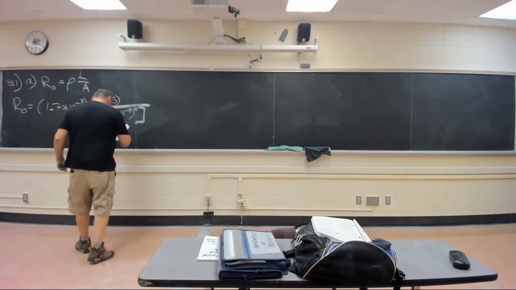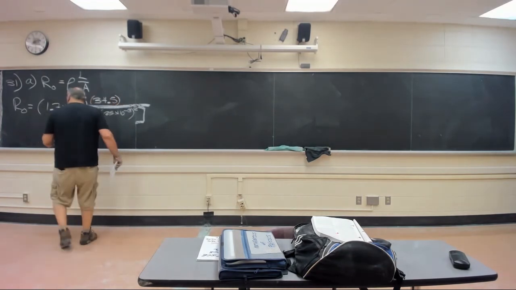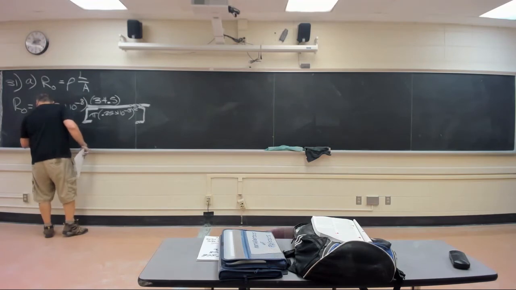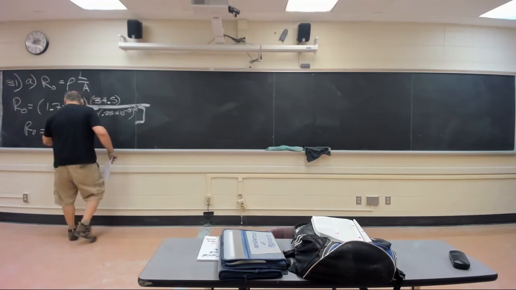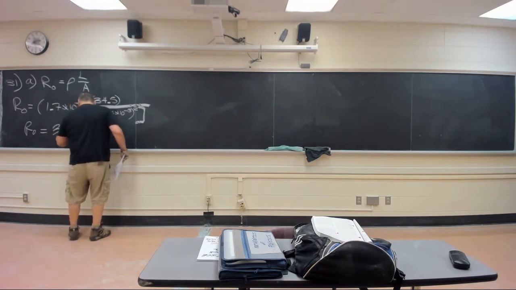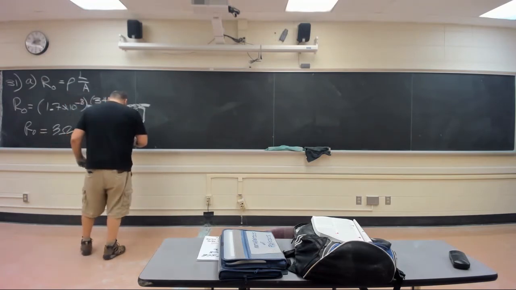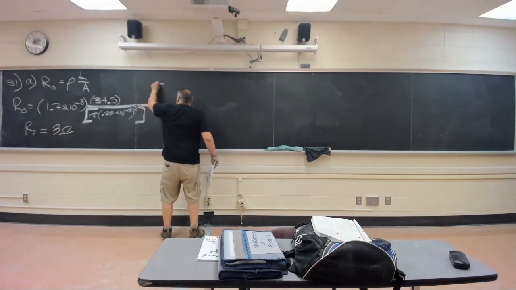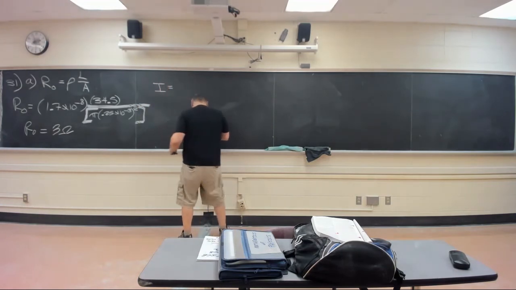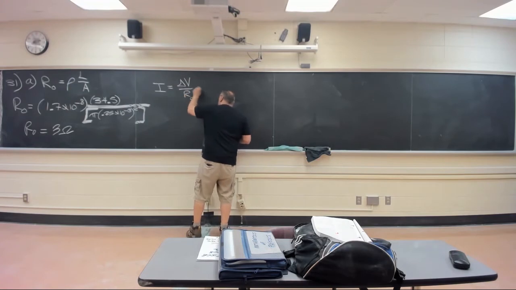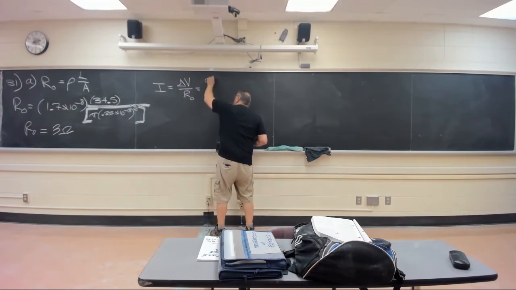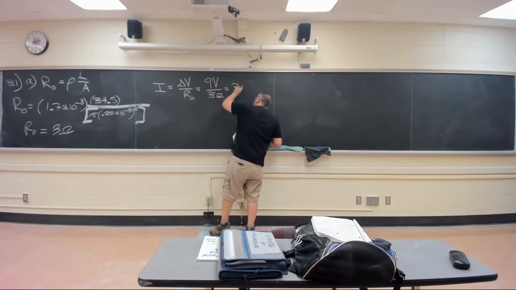You're going to see when you look at my numbers here, I get 2.987 ohms. That's about 3 ohms. Great. What's I then? I is delta V over R0, 9 volts divided by very close to 3 ohms. That's 3 amps.